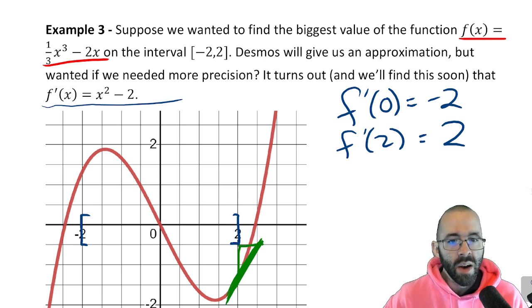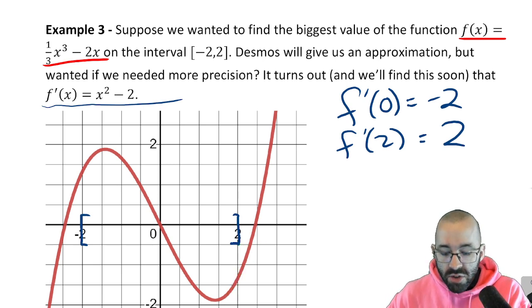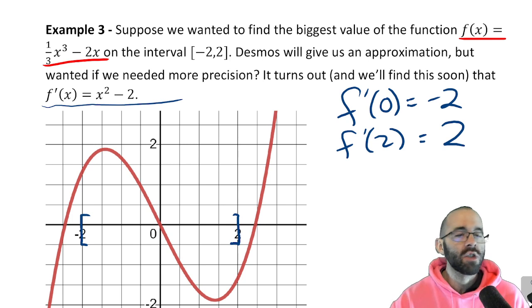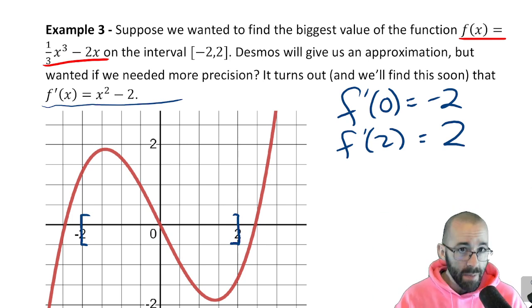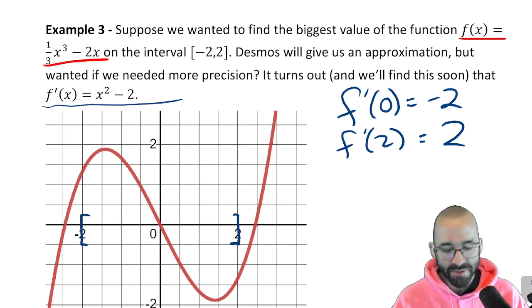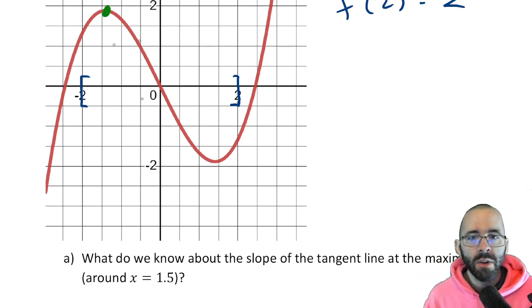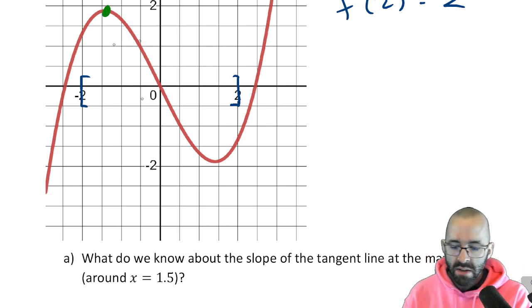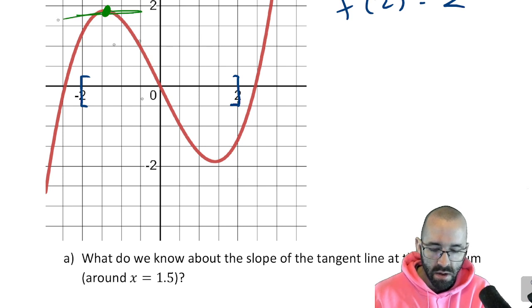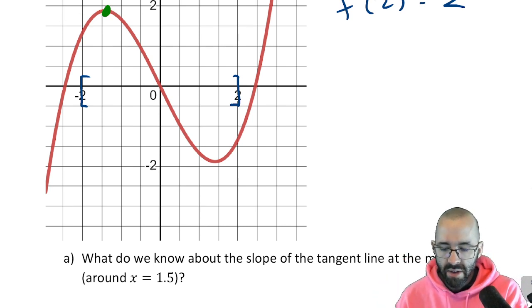Up 2, right 1. This blue function tells us the slope of the red function at any point. Very powerful. So, what do we know about the slope of the tangent line at that maximum? What do we know about the slope of the tangent line right here? Well, it's 0. We have a flat tangent line right there.